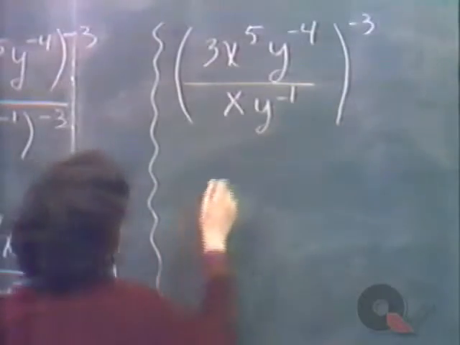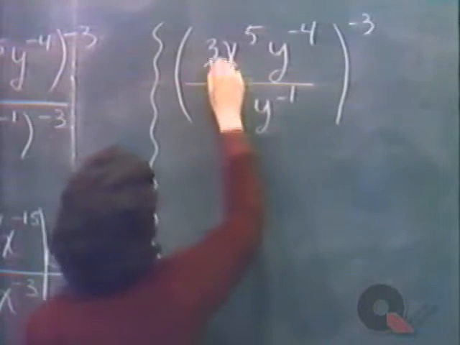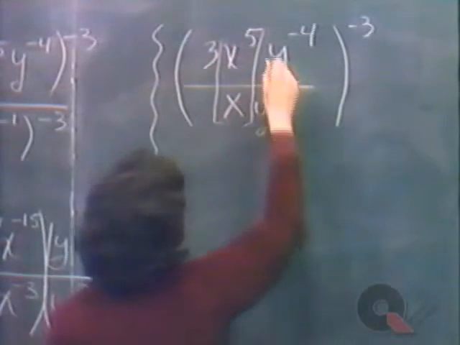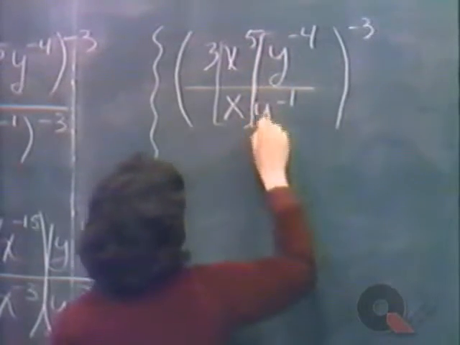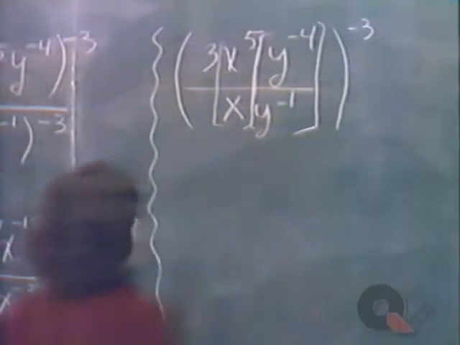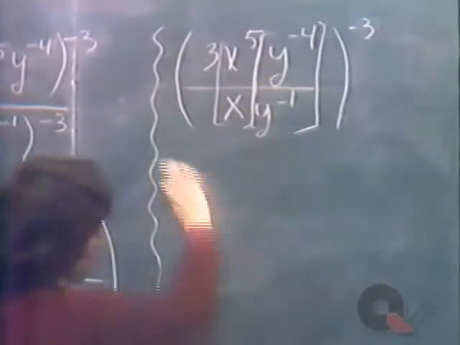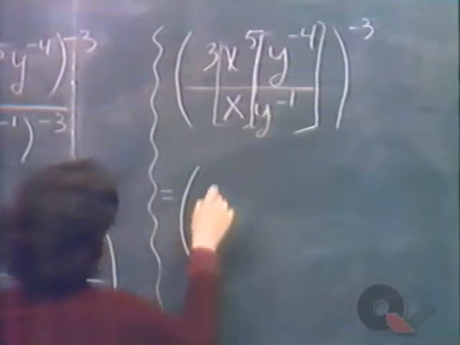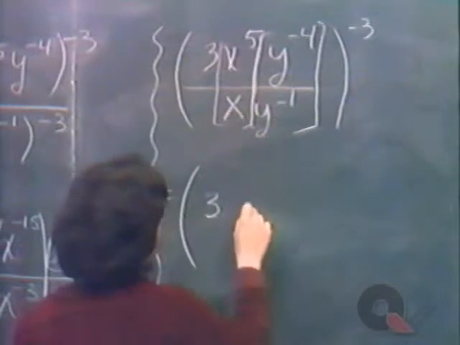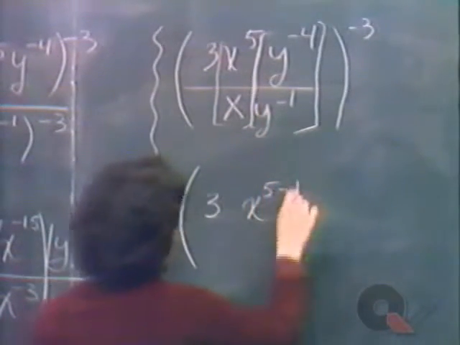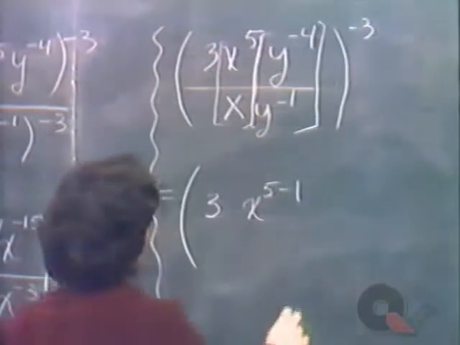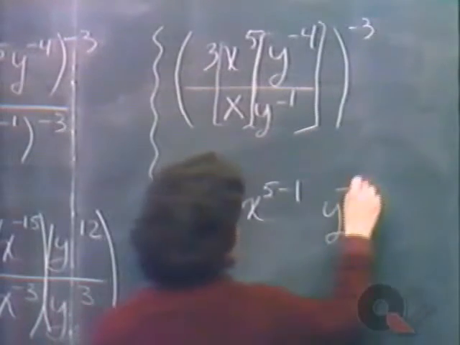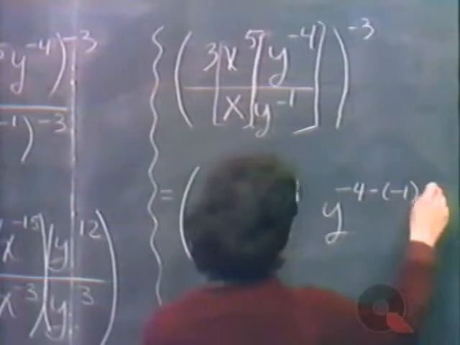Okay, what I'm going to do is to think of this as 3 times x to the 5 over x times y to the minus 4 over y to the minus 1, or to break it up the way we did the other problems, within the parentheses. So within the parentheses, we would have 3. Now, x to the 5 over x to the 1 is x to the 5 minus 1. You keep the base, you subtract the powers. y to the minus 4 over y to the minus 1 is y to the minus 4, take away a minus 1.